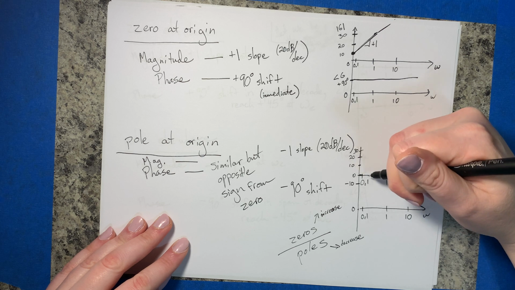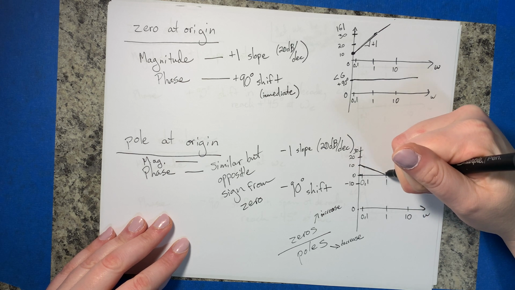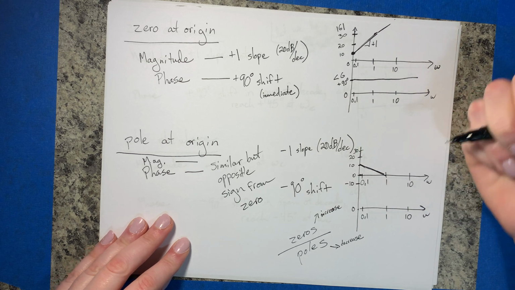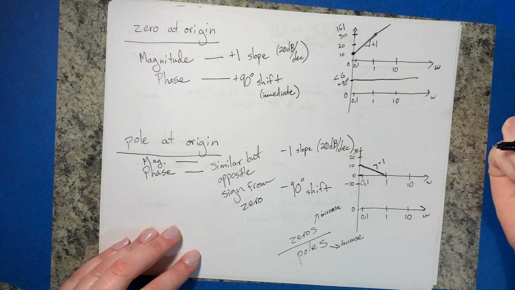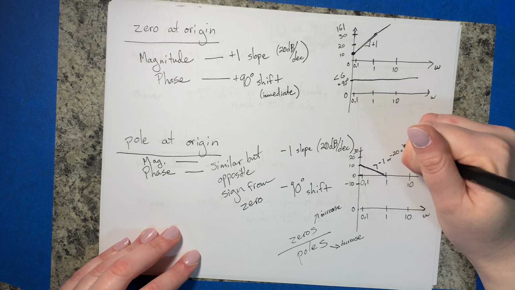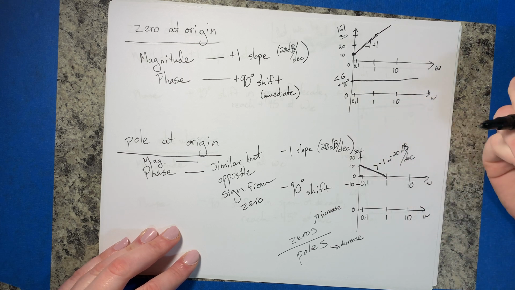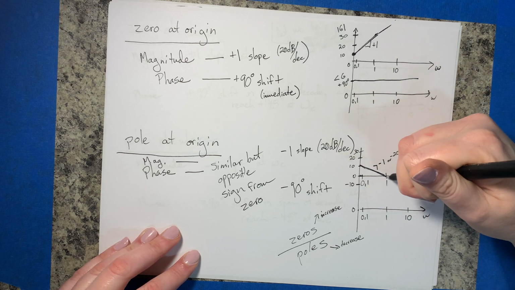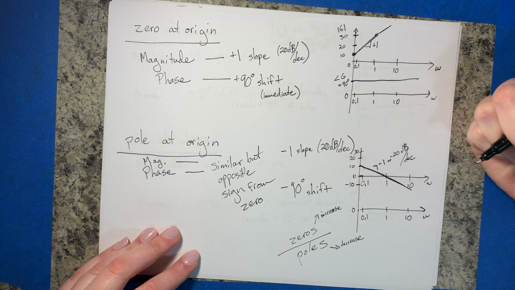So over this decade, we would decrease, and we would say this is a -1 slope, or -20 dB per decade. If nothing else happens in this transfer function, if this is all we have, we would just keep decreasing.